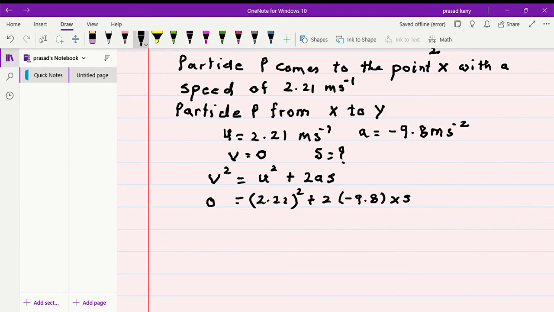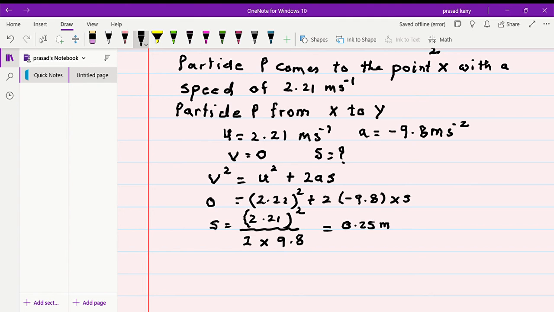So that means s will be 2.21 the whole square upon 2 into 9.8, which comes out to be about 0.25 meter.